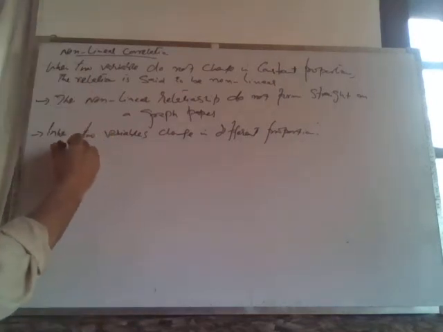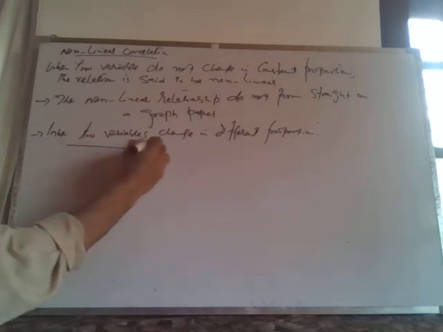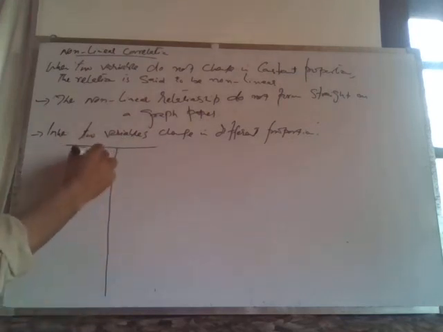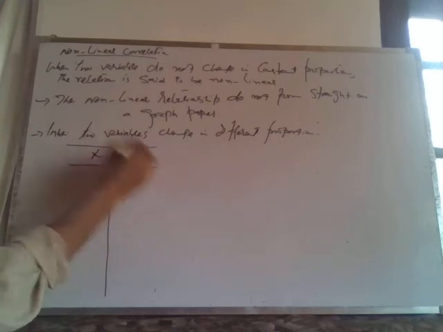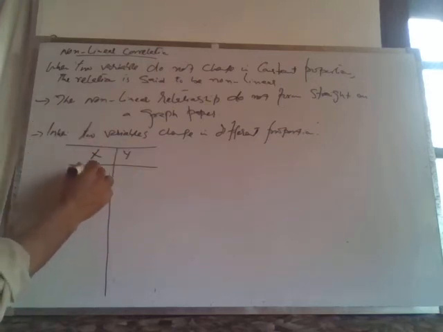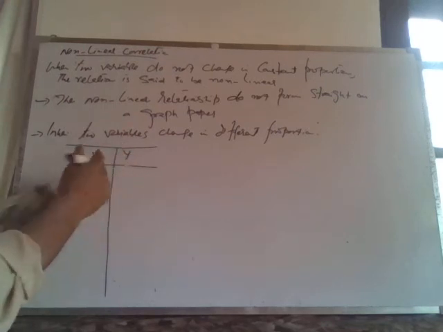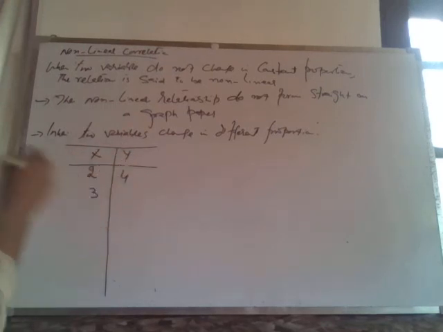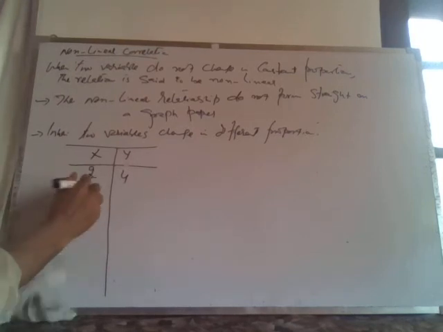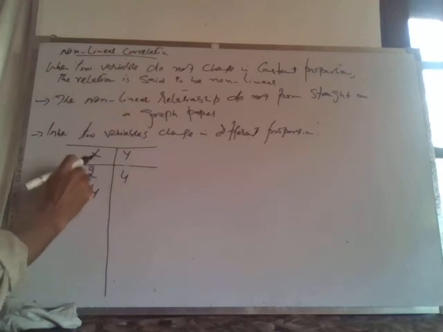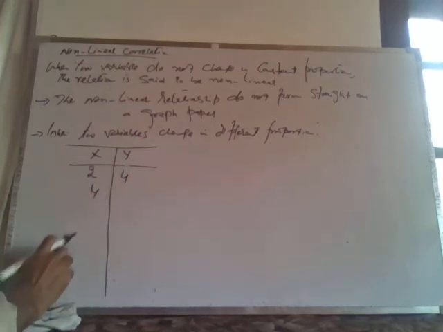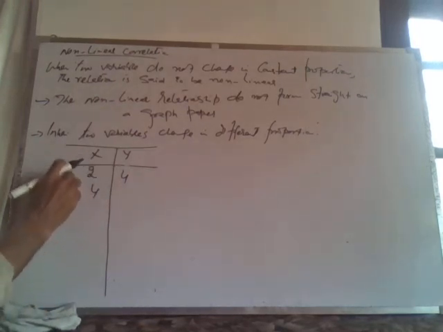We can have an example for it also. If we have values of x and values of y. For example, value of x is 2, value of y is 4. If it changes from 2 to 4, there is 50% increase, 50% change.